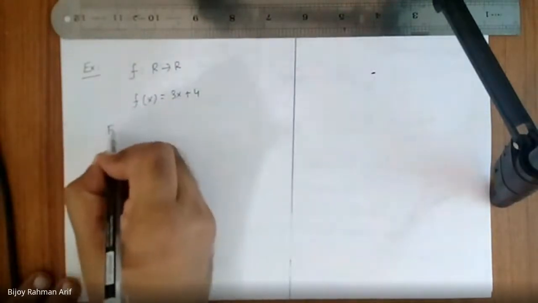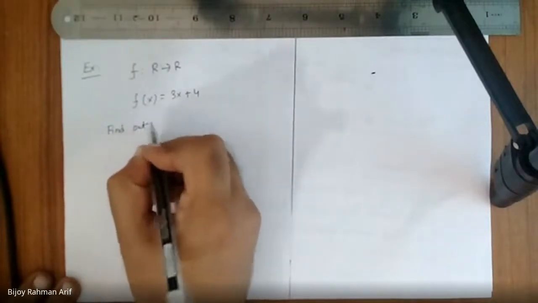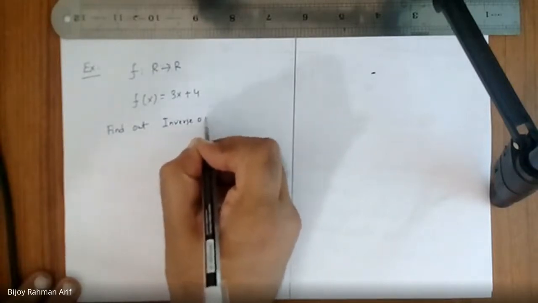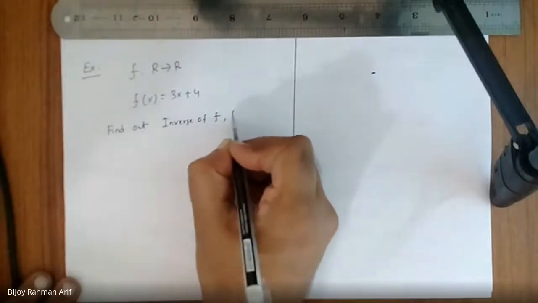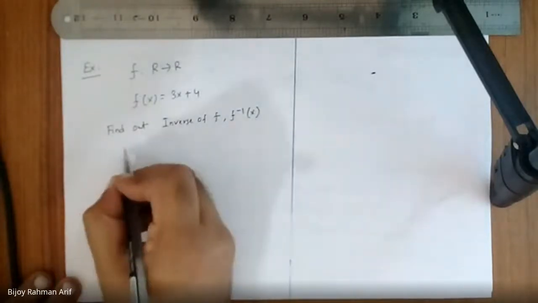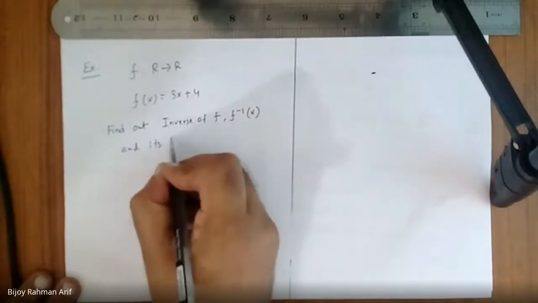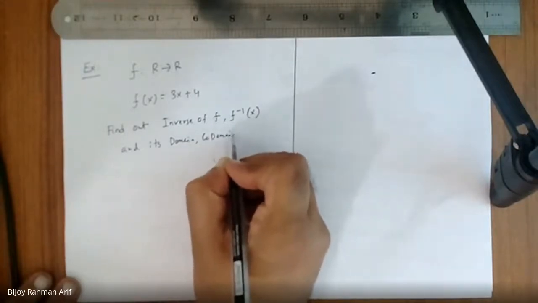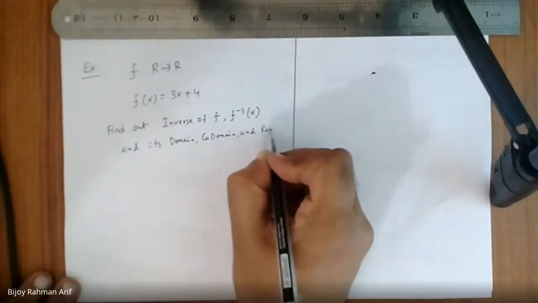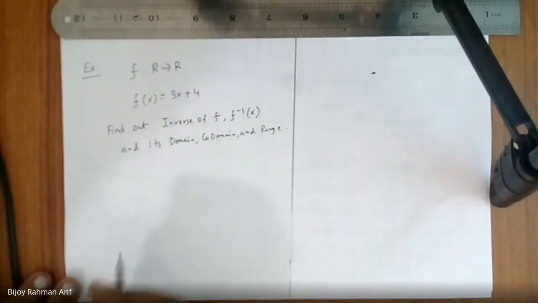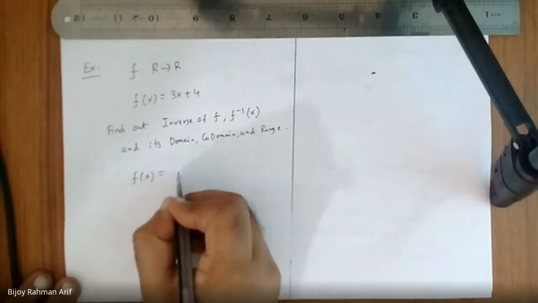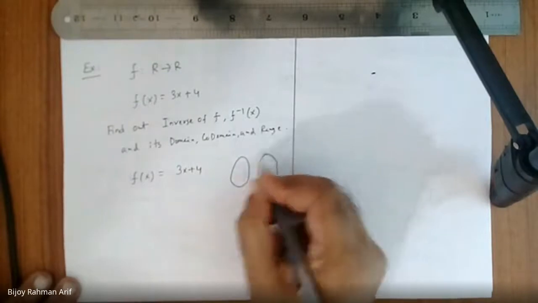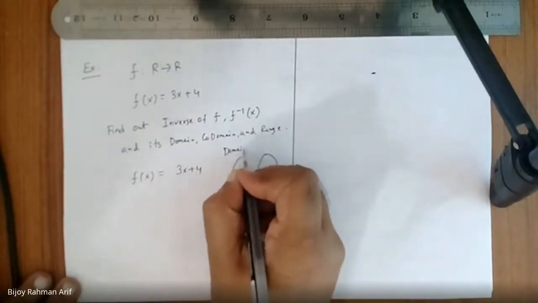Find out the inverse of f, its domain and codomain. So f(x) is 3x plus 4. And what it is doing, this is my domain, this is my codomain.